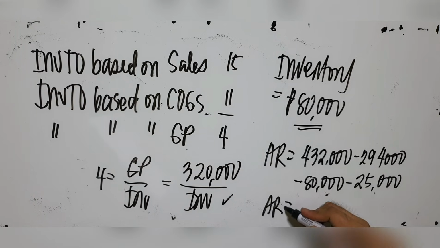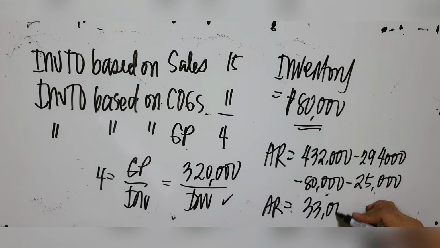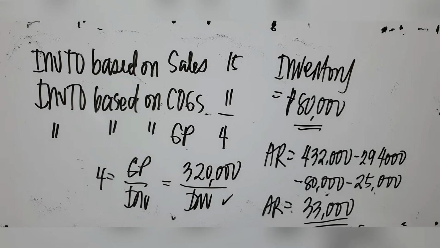Therefore, your accounts receivable is amounting to 33,000 pesos. Okay? That is your AR. So that's number 2.